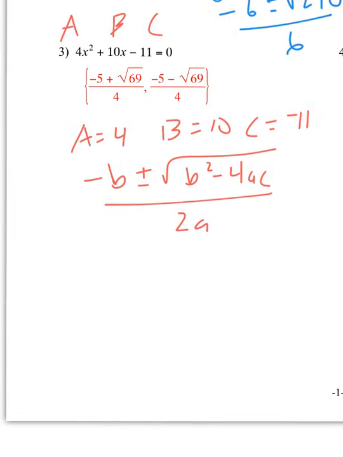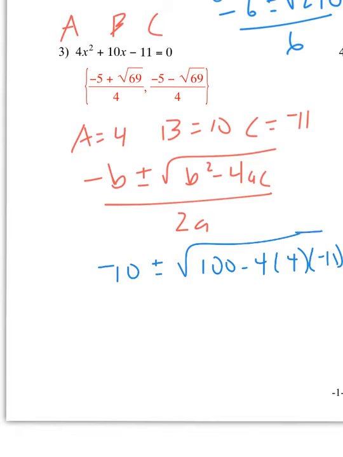All right, let's just jump right in. Opposite B would be the opposite of 10, so negative 10, plus or minus the square root of 10 squared, which is 100, minus 4 times A, which is 4, and C, which is negative 11. And then all of this is going to be 2 times A, or 2 times 4, which of course is 8.